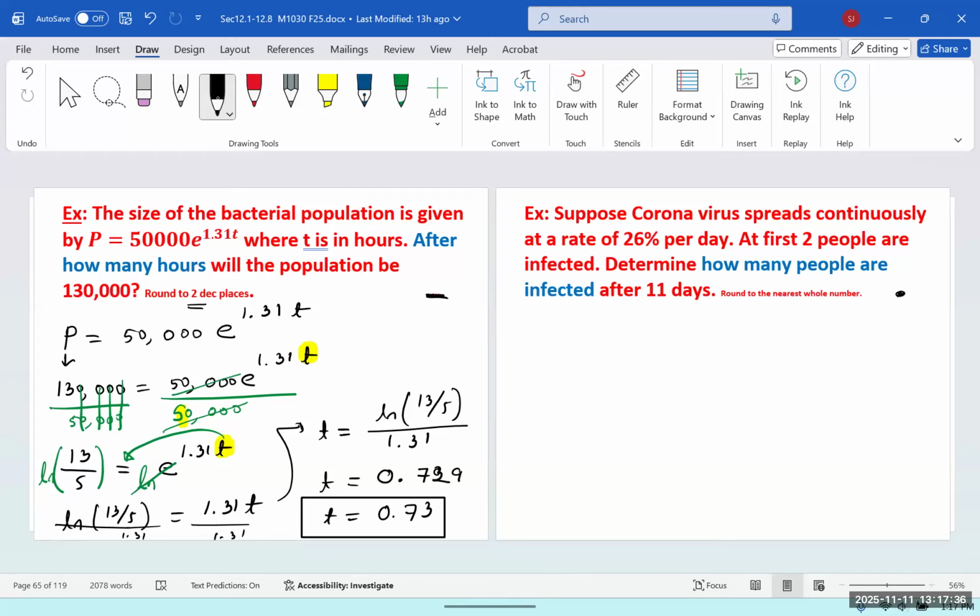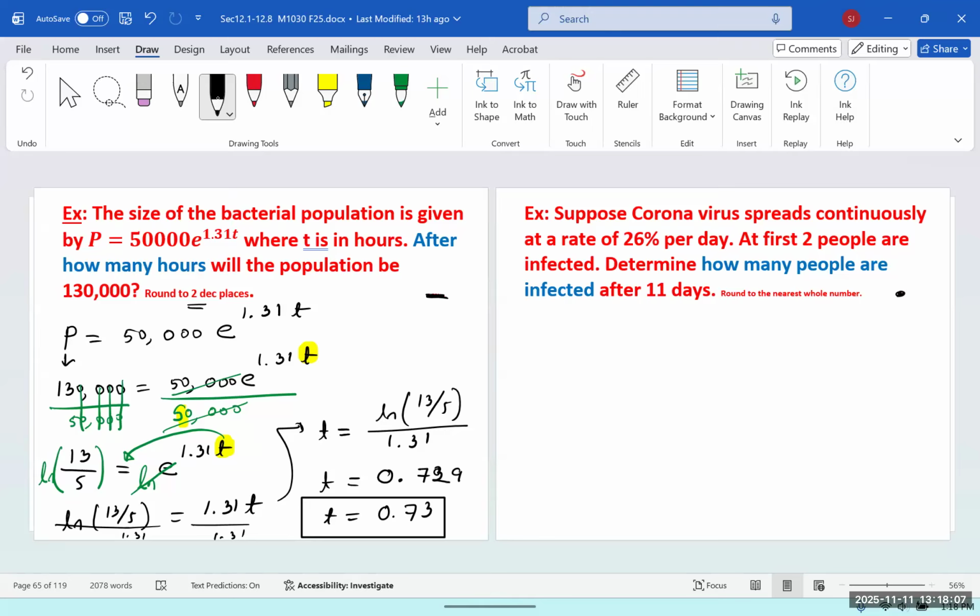Okay, one more question, with coronavirus. When coronavirus first got into New York, on day 1, 2 people got infected. And then rapidly, people are getting infected very quickly. Now, let's say the increasing rate is 26% per day. So every day, 26% more people are infecting.